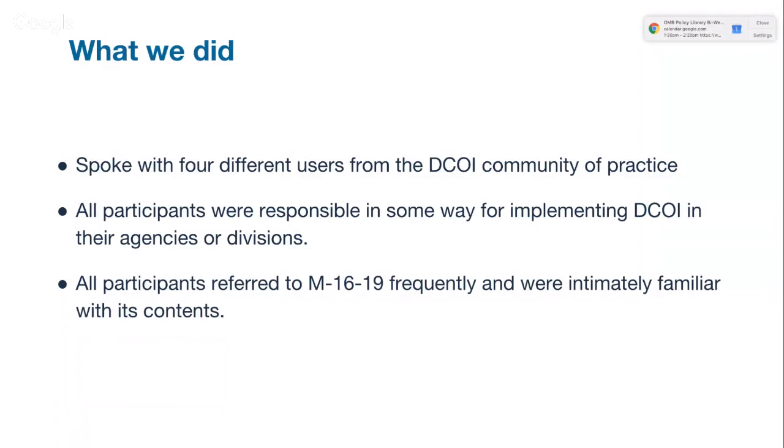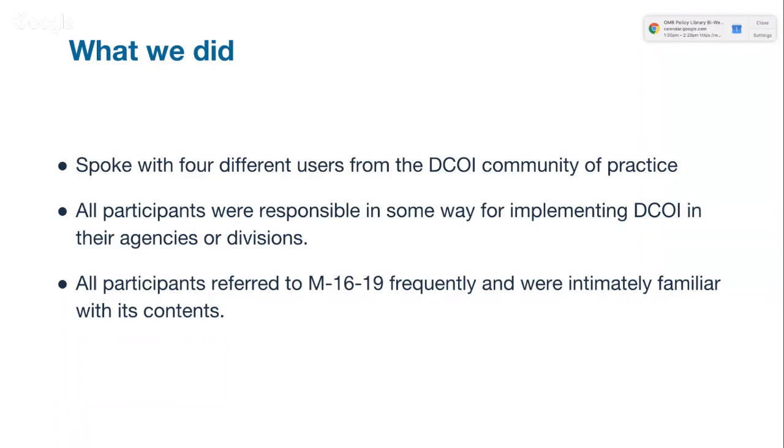Awesome. We did some research, and I want to talk you through that. What we did, so we spoke to 4 different people from the DCOI practice. All of those folks were responsible in some way for implementing DCOI, reporting back about that implementation within their agencies or divisions, largely on the division level, but they coordinated within their agencies and other groups.